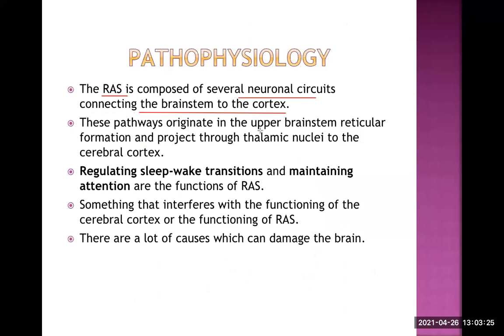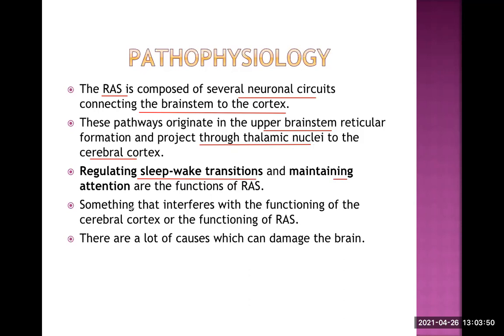This pathway originates in the upper brainstem reticular formation and projects through the thalamic nuclei to the cerebral cortex. Means they connect this brainstem with thalamus and to the cerebral cortex. They are the important structure which regulate our sleep-wake transition and maintain attention. Okay, but they maintain the alertness.